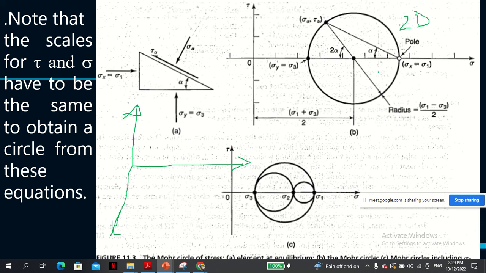So this is a simplified way. So usually this is sigma 3, this is sigma 1, and this is called sigma 2. Because in reality we have 3 dimensions, not 2 dimensions, this is usually the least, this is the maximum value, and this is in between, so we call it intermediate.